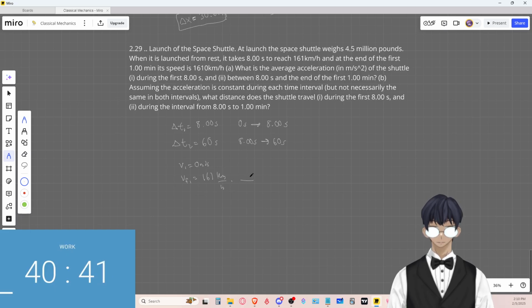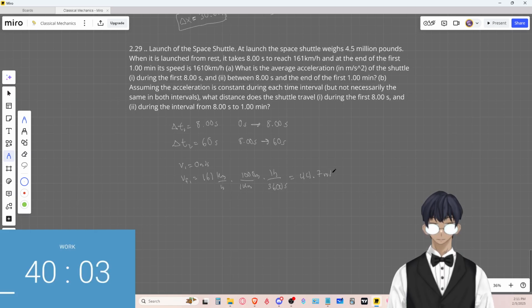Let's convert that: 1 kilometer is 1,000 meters, and 1 hour is 3,600 seconds, so we multiply by 1,000. My mic is working, I just wanted to make sure. So that's around 44.7 meters per second.